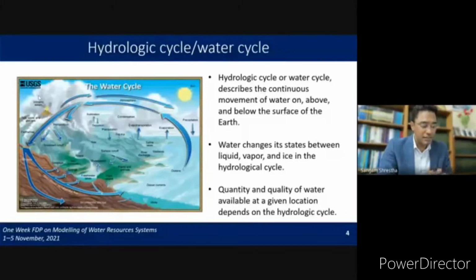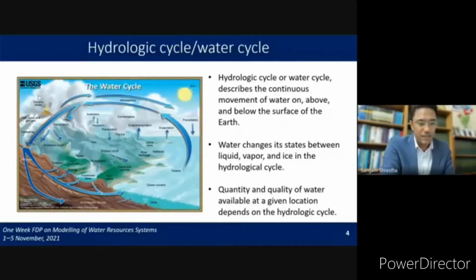The water changes its state in the hydrological cycle. For example, water changes its state from liquid to vapor, and also from vapor to liquid.